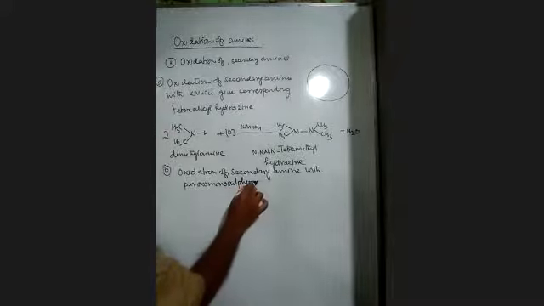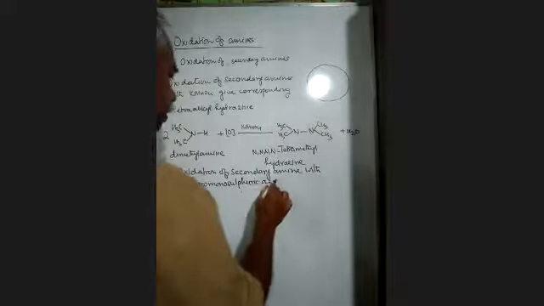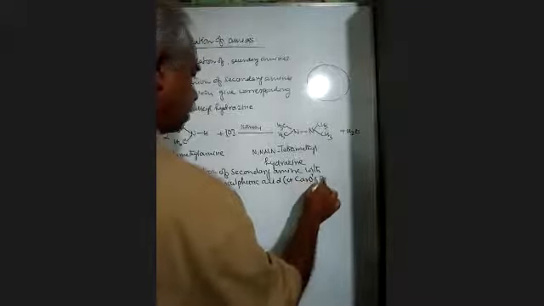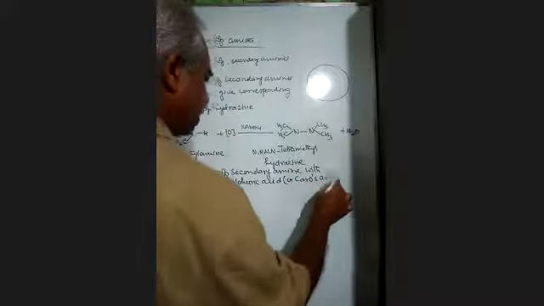Don't get nervous by this name. Peroxymonosulfuric acid. This is also known as Caro's acid. Okay, don't get scared. What is the formula? H2SO5.